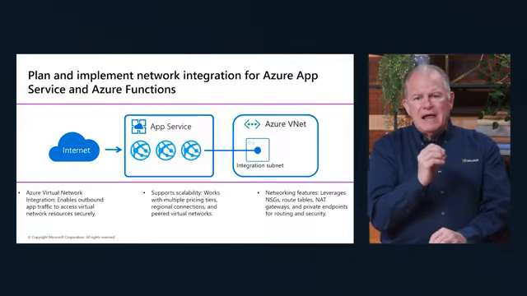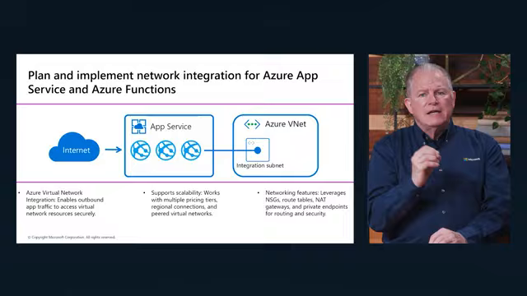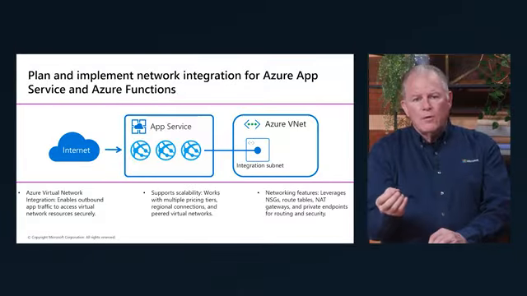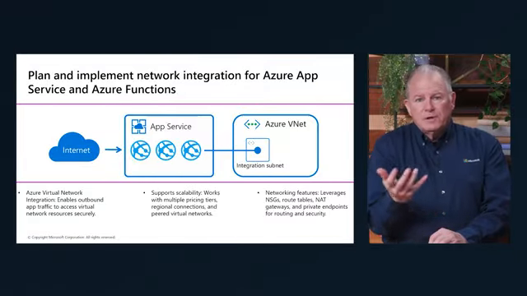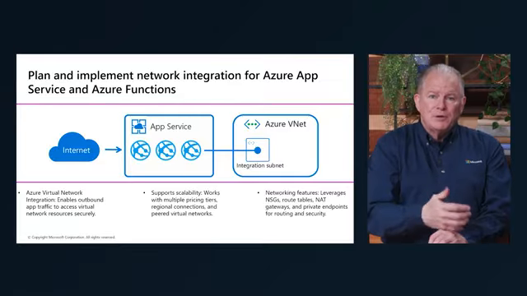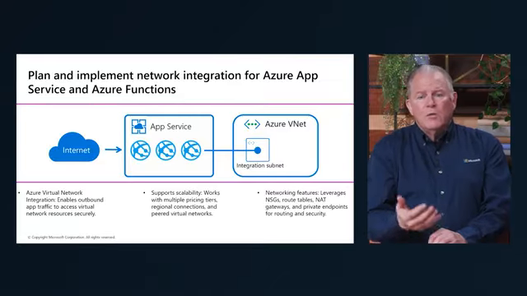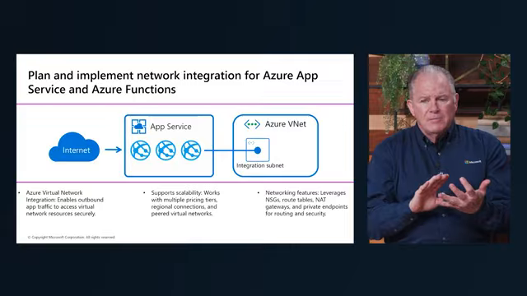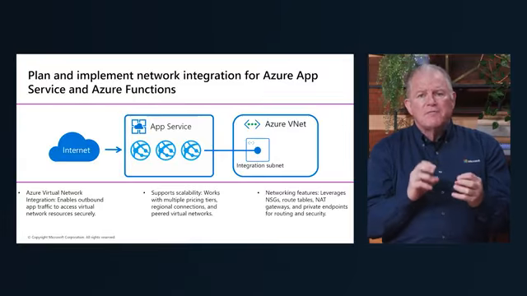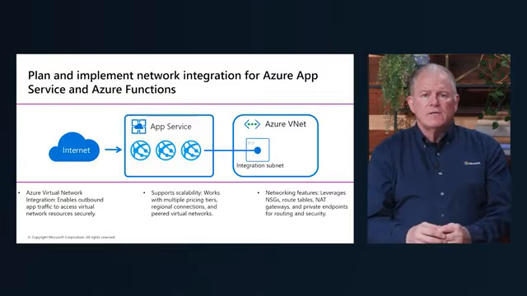And so by taking that app service plan and deploying it to a virtual network, it's the same as if you were to build a virtual machine on that network and put your application on that virtual machine, without all the security and administration and cost of managing the infrastructure itself.